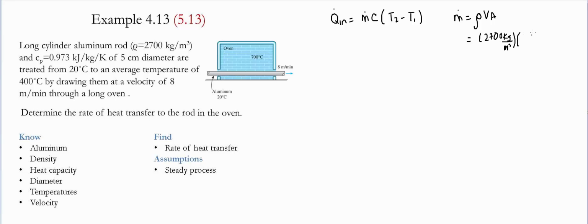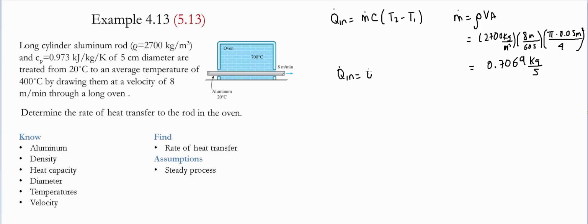The velocity we have is 8 meters per minute, so per 60 seconds. And the area is pi times the diameter, 0.05 meters squared, divided by 4. Therefore, this mass flow rate is equal to 0.7069 kilograms per second.